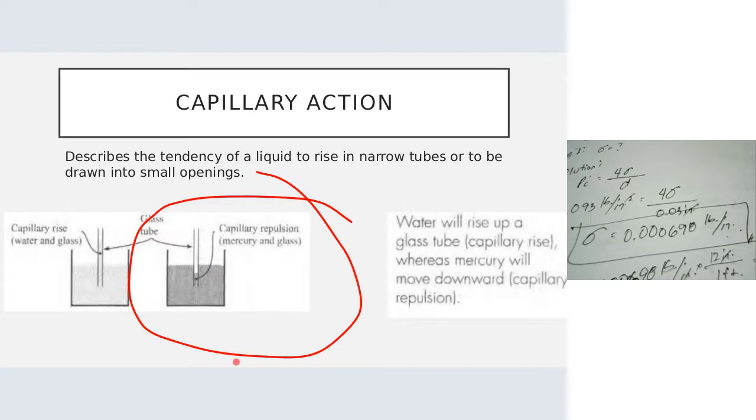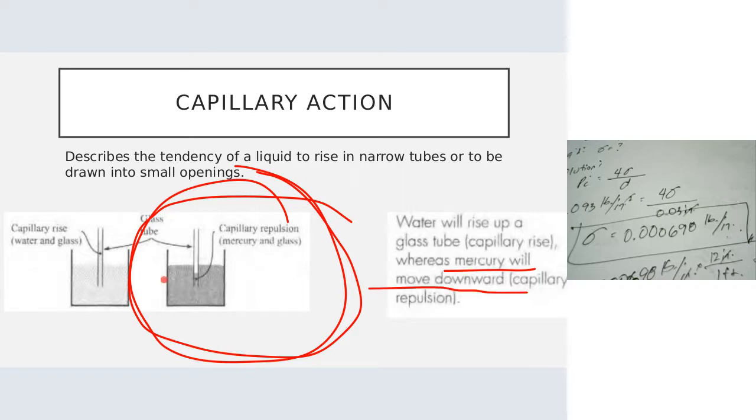In this case, the mercury will move downward because it has a different density, no, in comparison to water. Yung water kasi light lang. Yung mercury, based from the specific gravity that we discussed in the last meetings, 13.6.